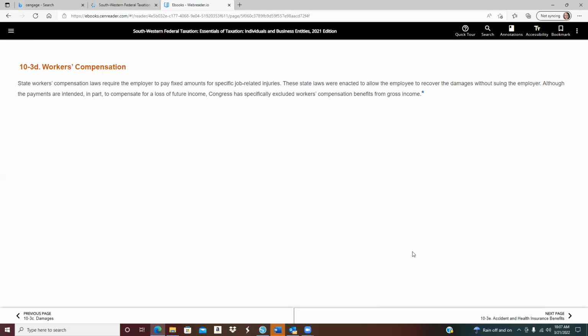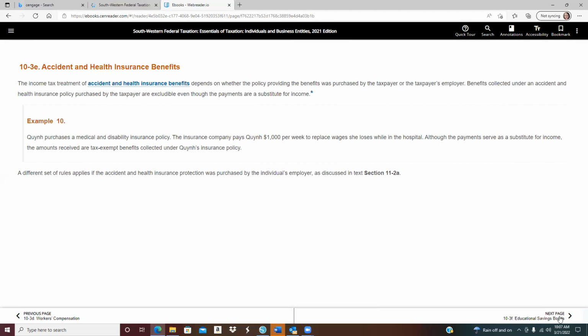Congress has excluded workers' comp benefits, so the compensation you receive is not included in your gross income. The tax treatment of accident and health insurance depends on the taxpayer's employer. Benefits are excludable even if the accident and health insurance protection was purchased by the individual's employer, which we will actually discuss, I believe, in chapter 11. All right.